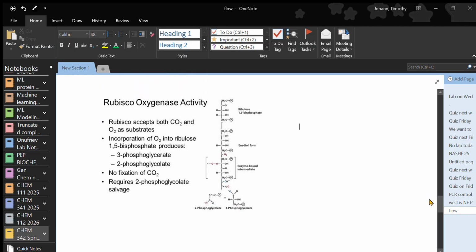The oxygenase activity, instead, takes an oxygen. Once again, we have our ribulose 1,5-bisphosphate right here. It's going to react with oxygen, and we break down, and instead of getting 2 phosphoglycerates for one of those, we get a phosphoglycerate and, let me make this a little bigger.